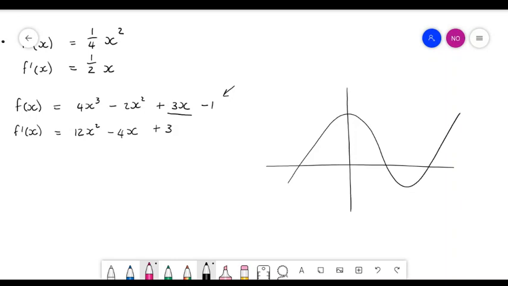Okay, en wat ons nou gedoen het is ons het gesê sy gradiënt kan ons uitwerk deur dit te gebruik. So let's say I'm asking for you for the gradient at x is equal to 2. Then you just go and substitute 2 into x. So you get the derivative because the derivative gives you the gradient.